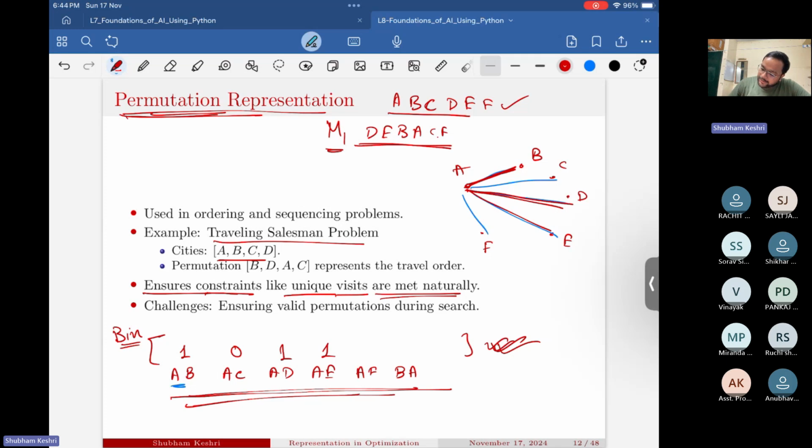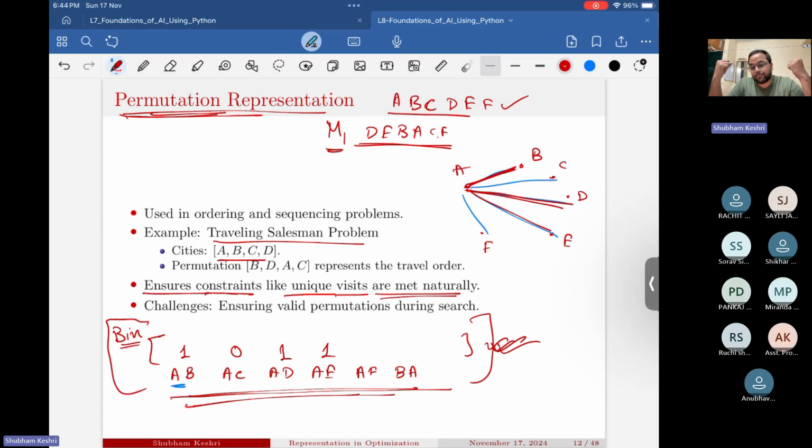Suppose you are using this representation for some purpose, like your algorithm suits binary representation. You have an algorithm which works very well for binary representation, and you are forced to use it. Then you have to ensure the constraint that each city should be visited once.